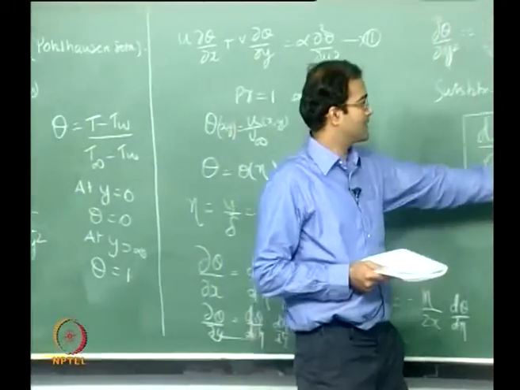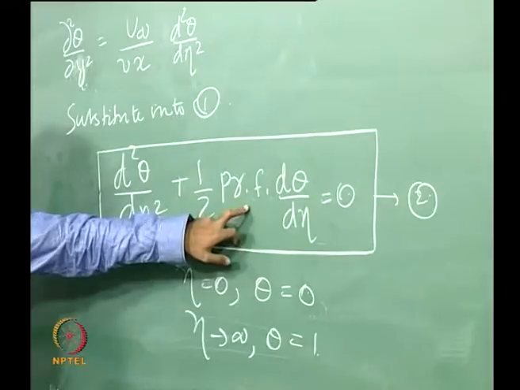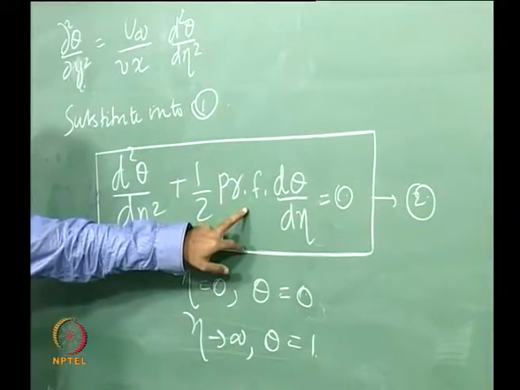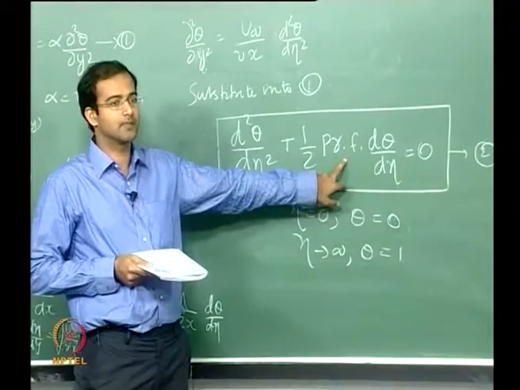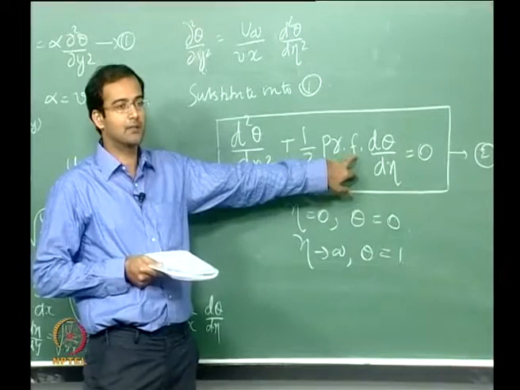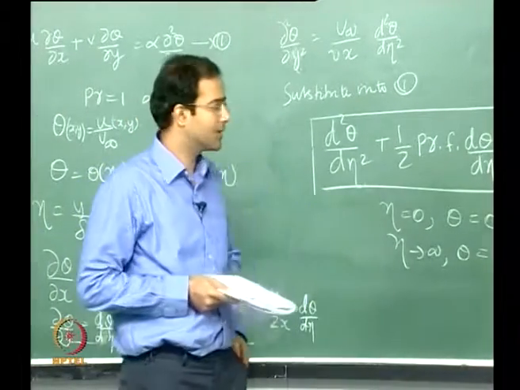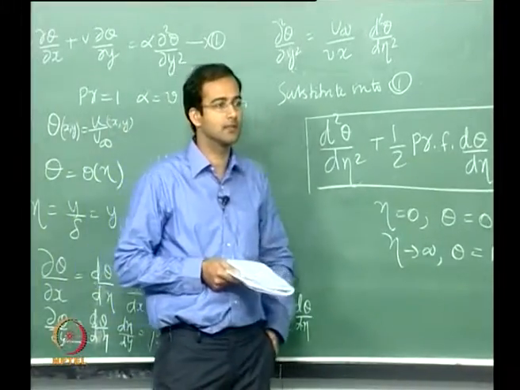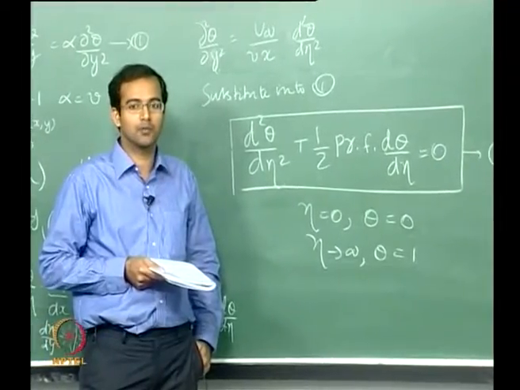Your f is a function of eta, so it's not completely non-linear, it's not linear also, it's quasi-linear. Your f is still a function of eta. Of course you don't have a theta term here, but it's still a function of eta, so this is a quasi-linear ODE. Therefore you still cannot find an analytical solution to this, so you have to once again go for a numerical approach.